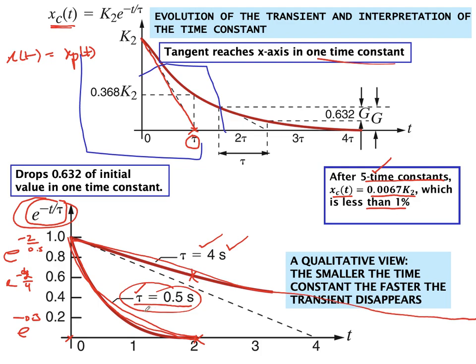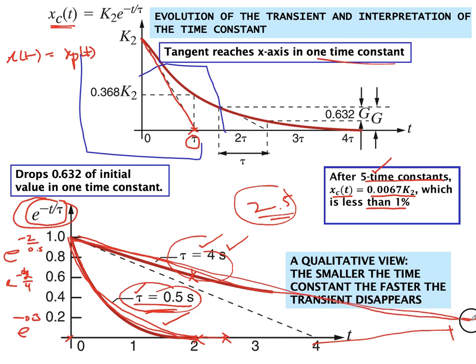As we have seen, after 5 time constants the value of the complementary solution will become less than 1%. So if tau is equal to 0.5 seconds, 5 tau means 2.5 seconds. So the complementary solution will become 0 after 2.5 seconds, which we can see over here. At 2.5 seconds, this curve has reached 0. But in this case, when tau is equal to 4, 5 time constants means 5 fours are 20. So after 20 seconds, this graph will reach 0.